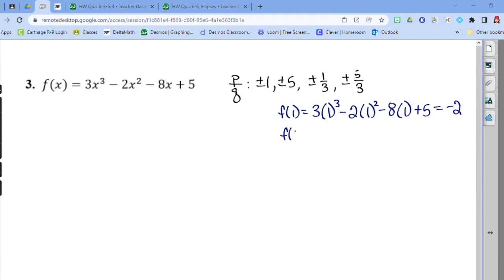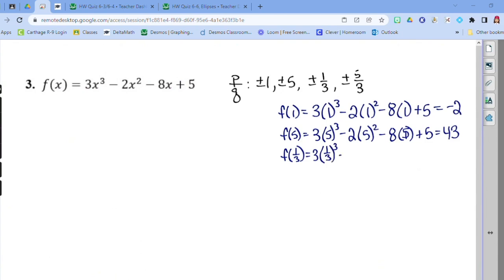And next, go to 5. 3 times 5 to the third minus 2 times 5 squared minus 8 times 5 plus 5. So again, 8 times 5 there, so that gives us positive 43. Still not what we want. So let's look at the 1/3. So 3 times 1/3 cubed minus 2 times 1/3 squared minus 8 times 1/3 plus 5.